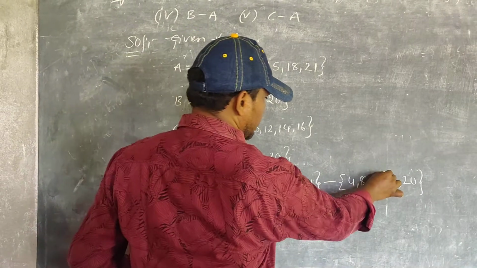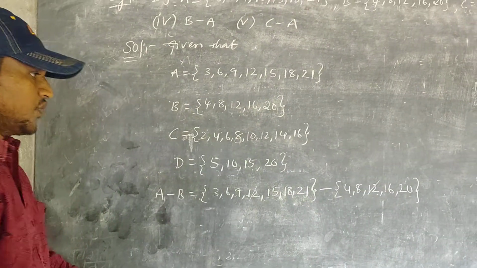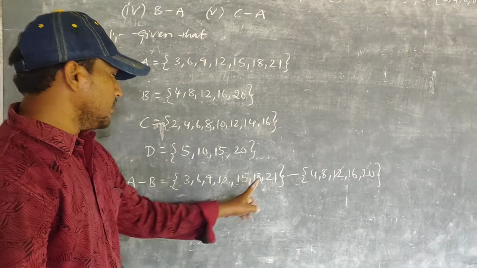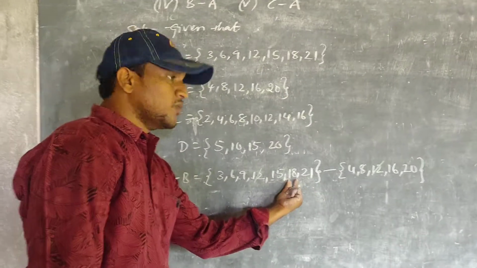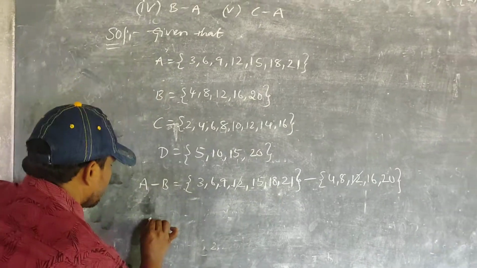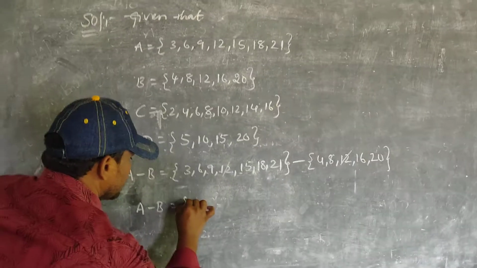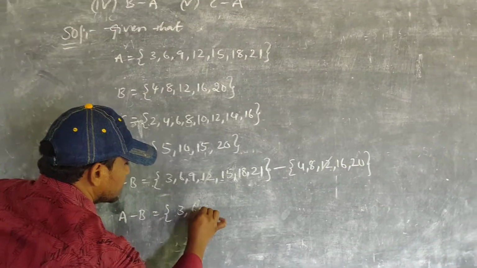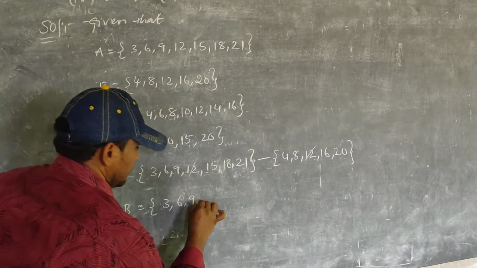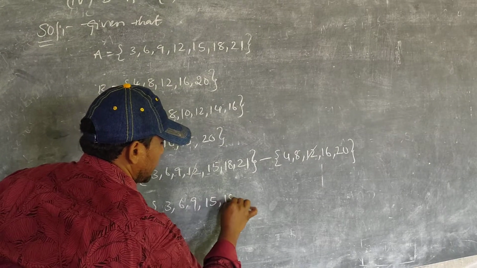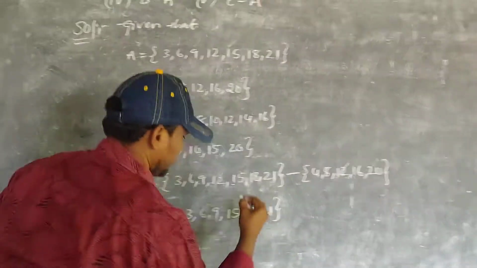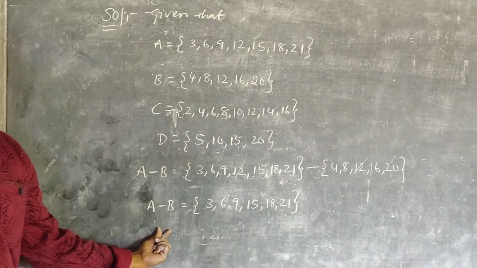Cancel it first of all. The remaining elements, with no common elements, write in only set A. That is, A minus B equals 3, 6, 9, 15, 18, 20. That is A minus B.